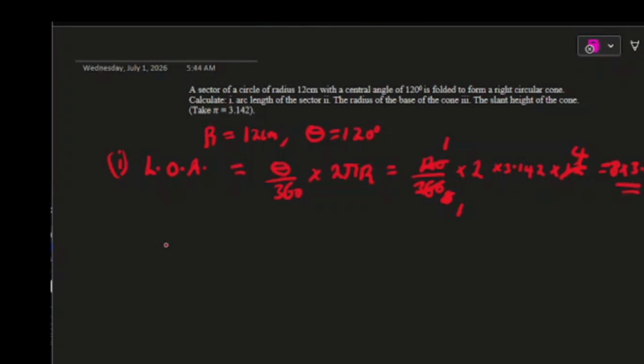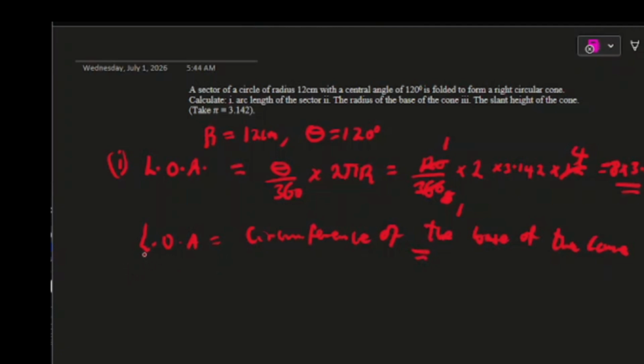One, the length of arc will be equal to the circumference of the base of the cone. And I remember vividly I said this circumference simply means like the perimeter.